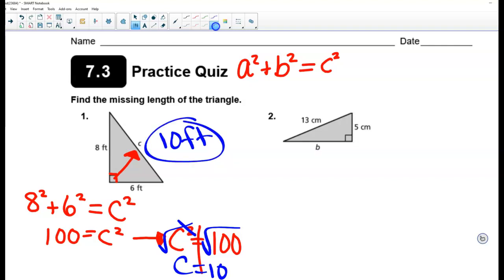Okay? Looking at the next one. So we know that this must be our A, because it's a side. We don't know the other side, and we automatically know this is our C, even if the letters didn't match up and we had to figure it out.